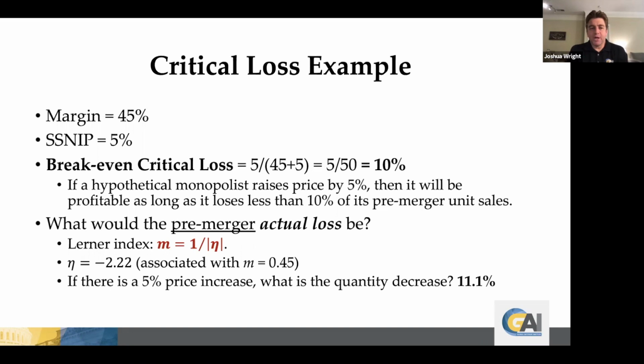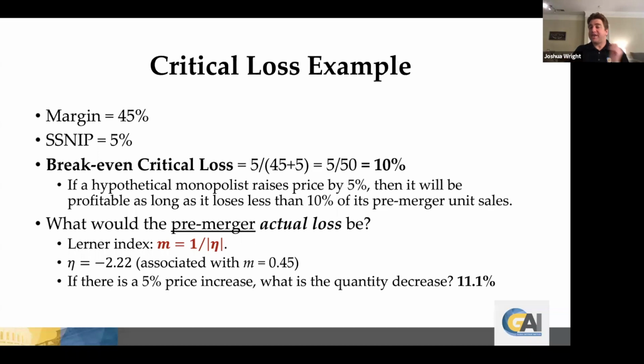But the pre-merger actual loss, one of the nice things that comes out of economic theory is the Lerner index, this condition that tells us that the margin is equal to 1 over the elasticity of demand, right? So if I know the elasticity of demand, I can figure out the margin. If I know the margin, I can figure out the elasticity of demand.